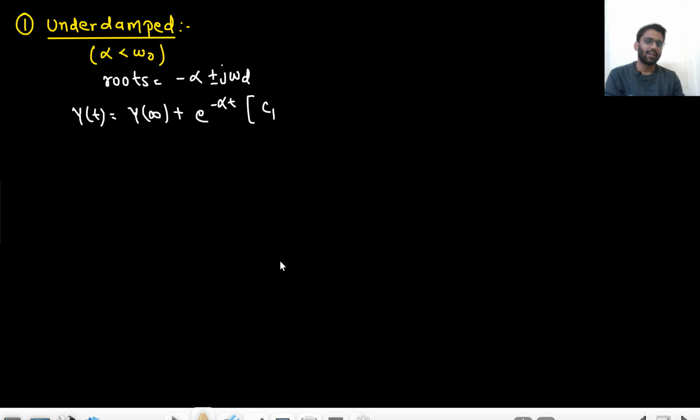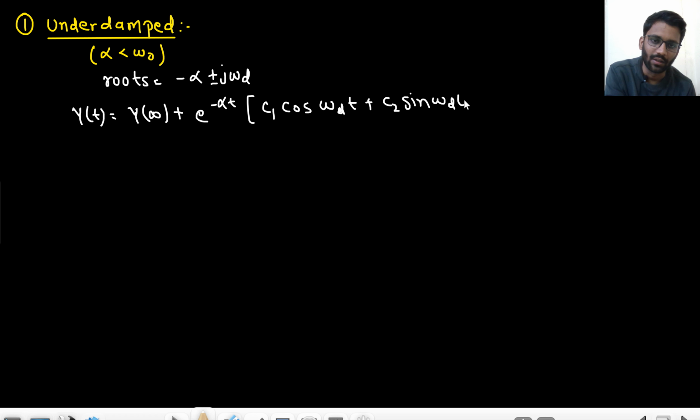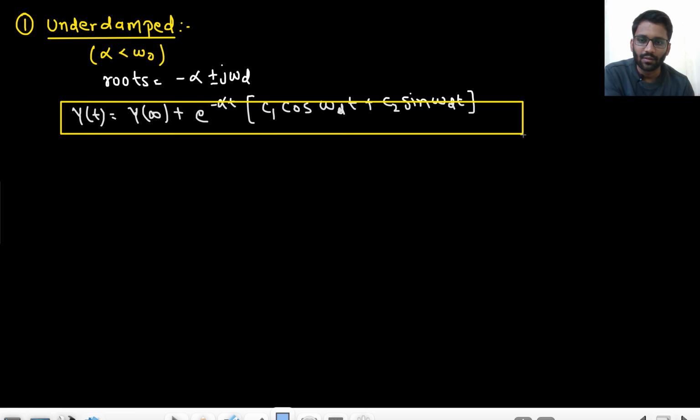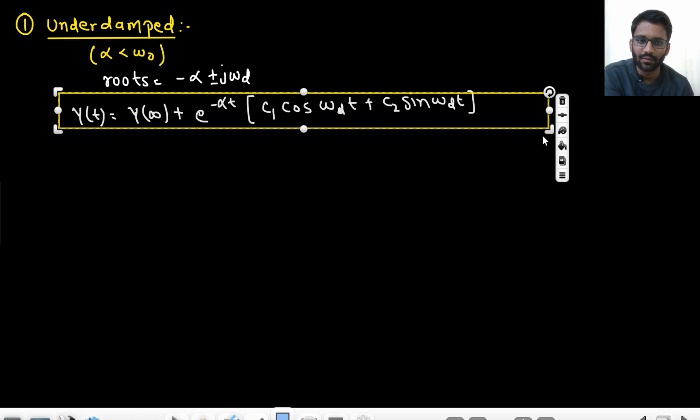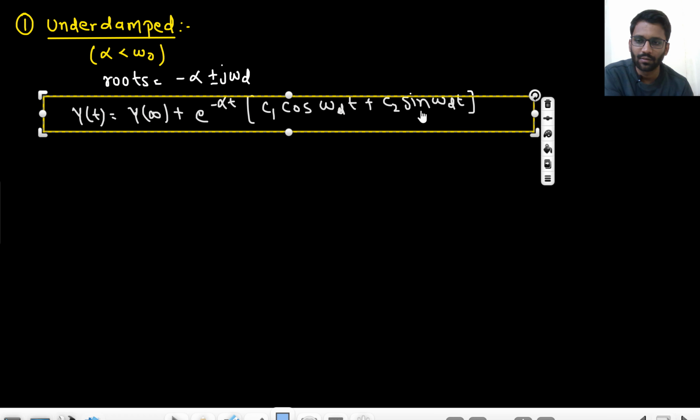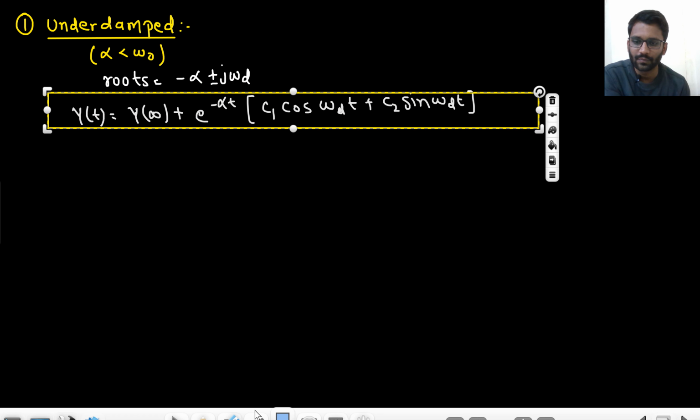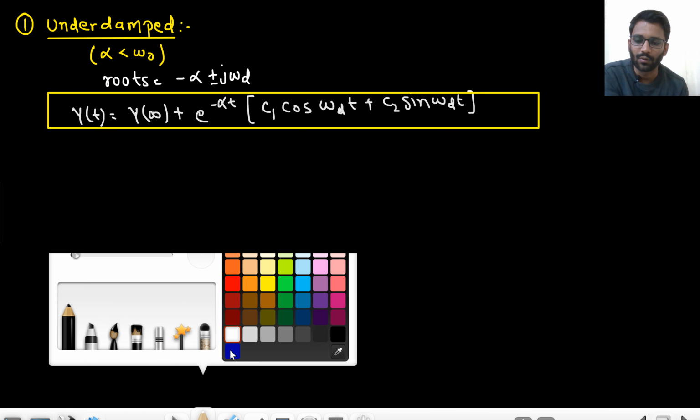Actually you can write beta as well, but in the previous expression we wrote it as omega d, so I am writing omega d here. This will be my y of t.